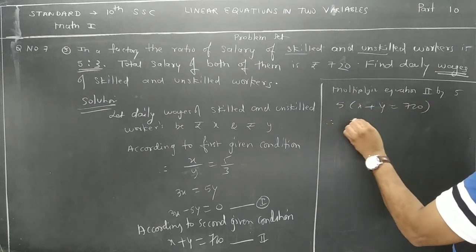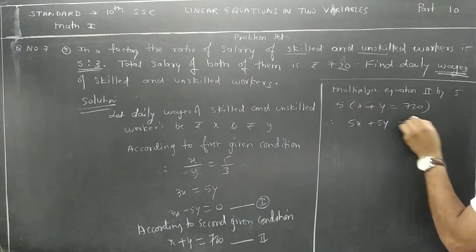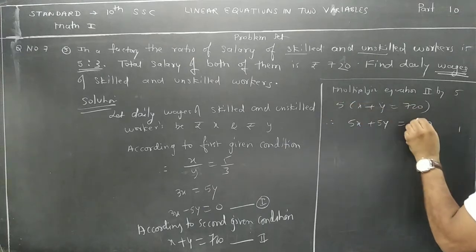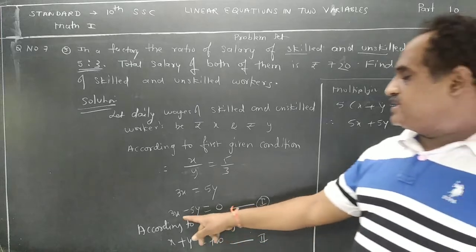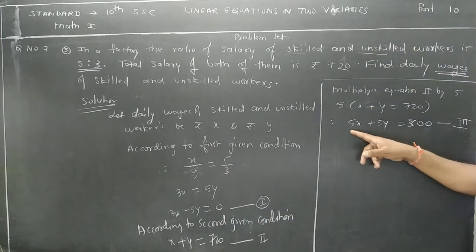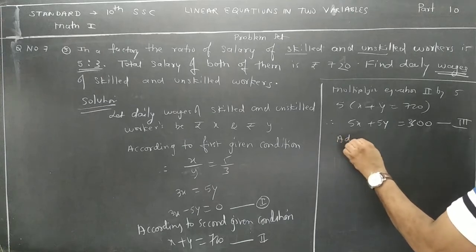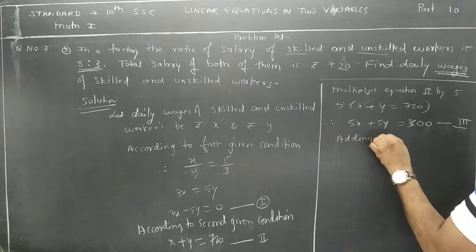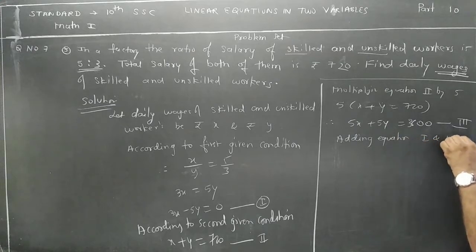Therefore 5x plus 5y is equal to 3600, 5 2s are 10, 1, 35 means 36, is equation number 3. Now 3x minus 5y is equal to 0, 5x plus 5y is equal to 3600. So we'll add equation 1 and 3.